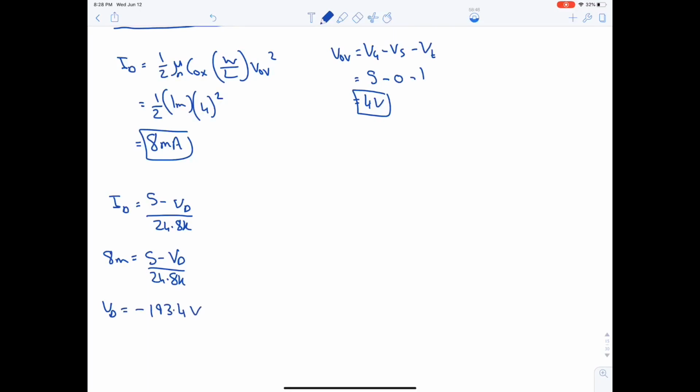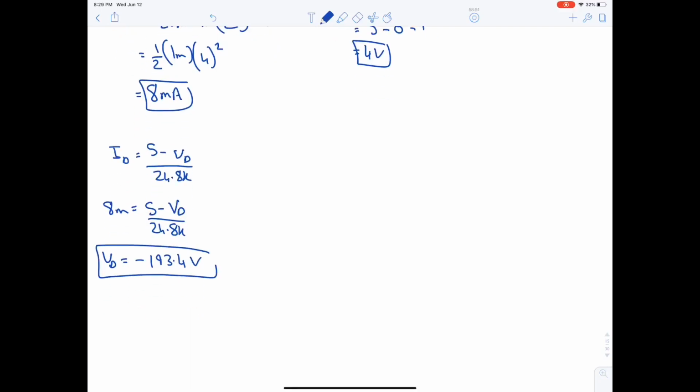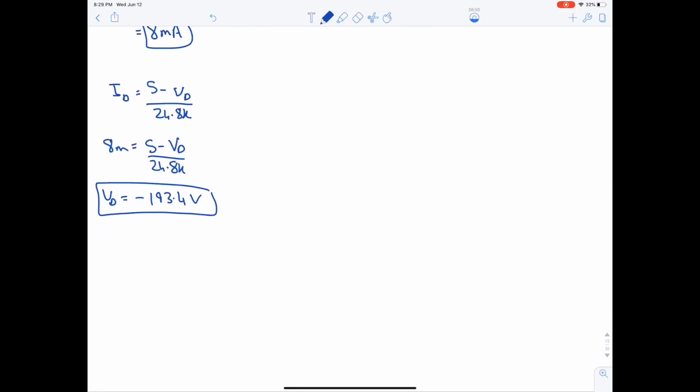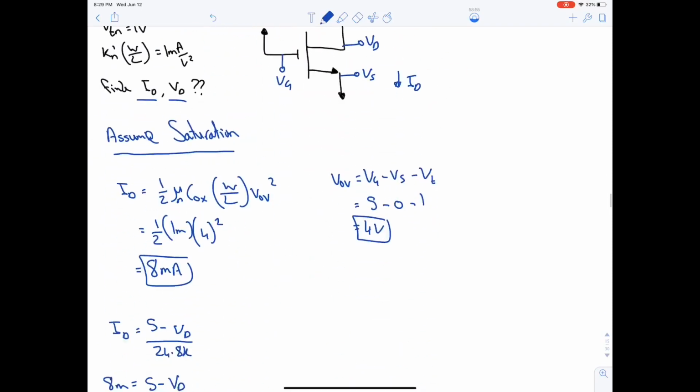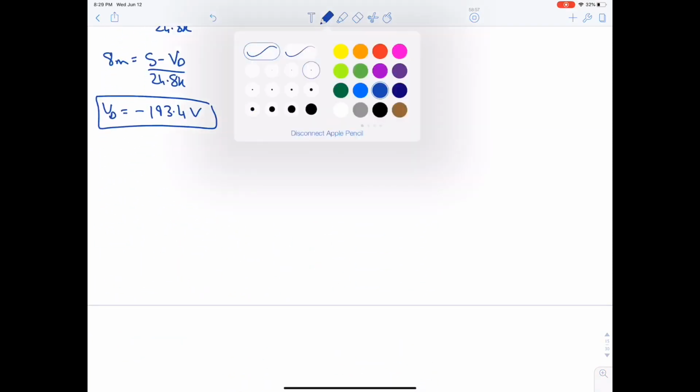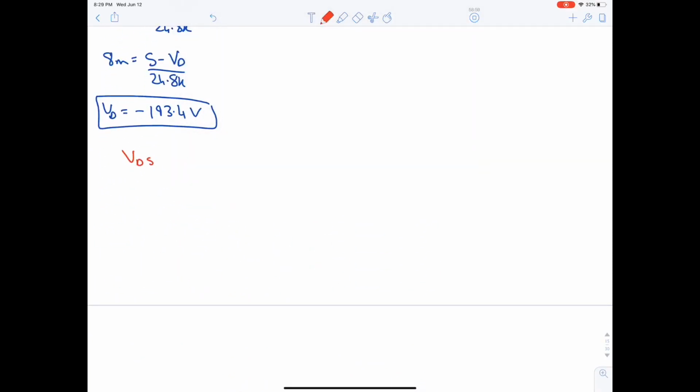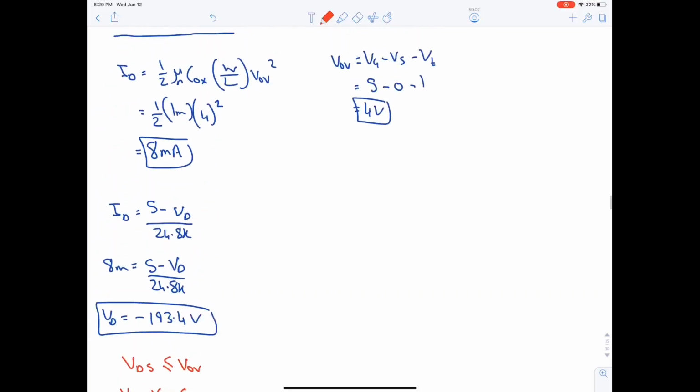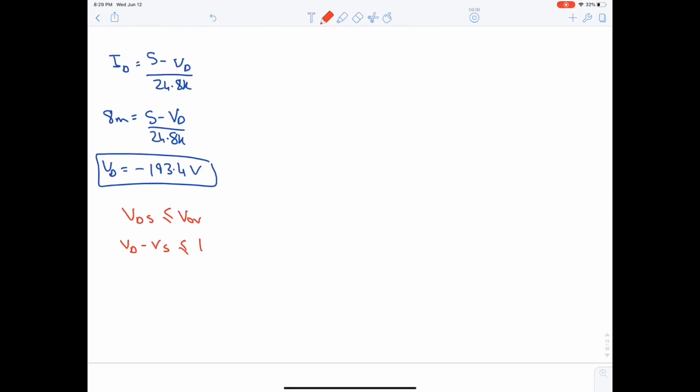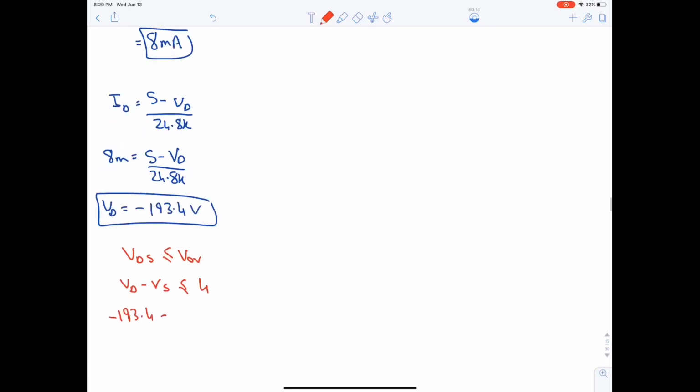This will result in VD equal to minus 193.4 volt. Now we need to check. Is it really saturation? And we are in NMOS, so it will be VDS less than or equal to VOV. Okay, is VD minus VS less than or equal to VOV, which is 4? Here VOV is 4. VD is minus 193.4. VS is 0, I guess.